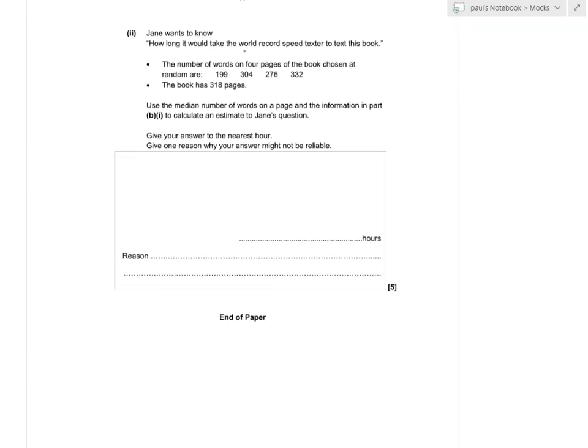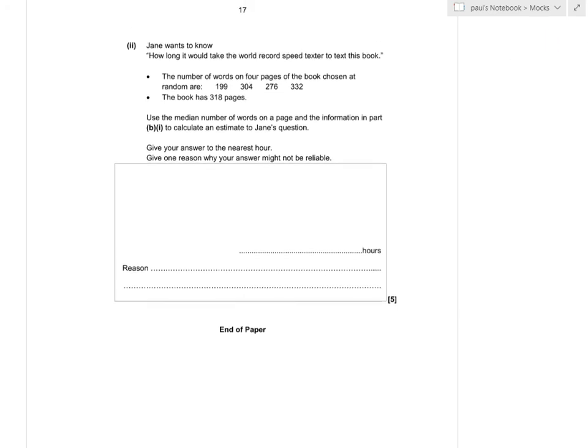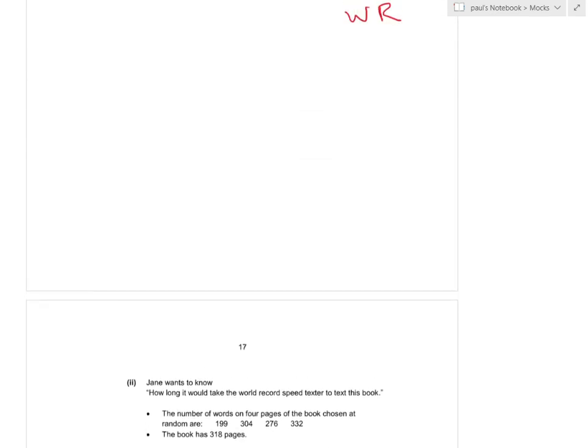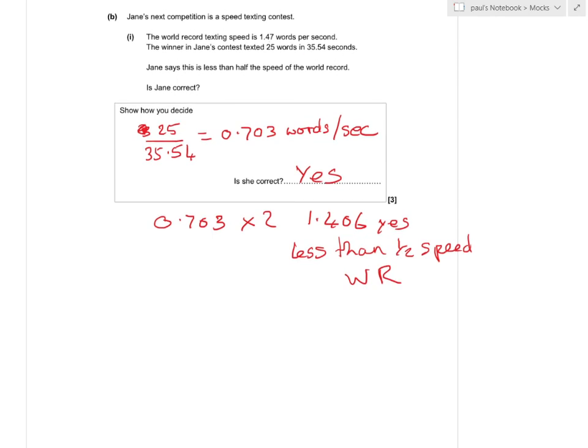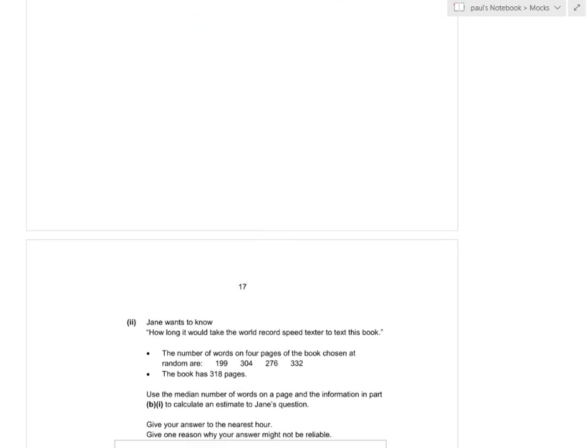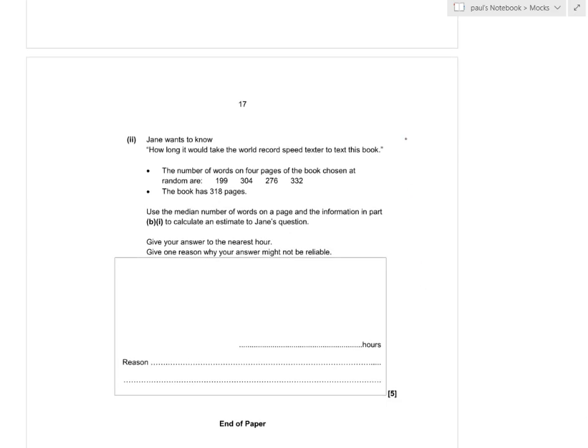Now, Jane wants to know how long it would take the world record speed texter to text this book. So we've got to go back up to find out what the world record texter does again. The world record speed is 1.47 words per second.